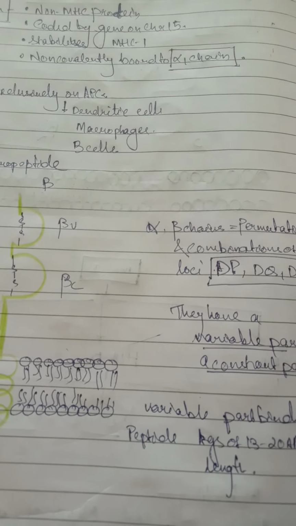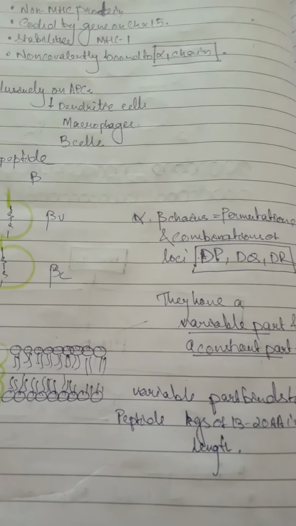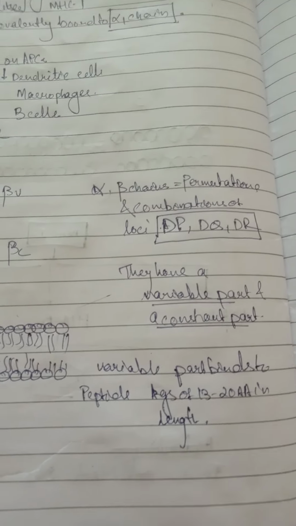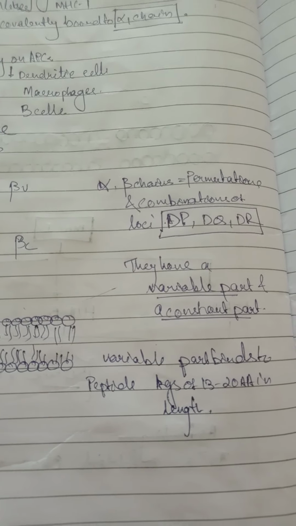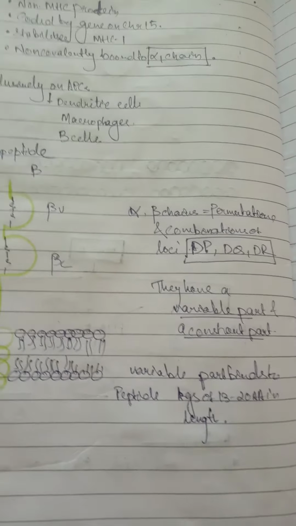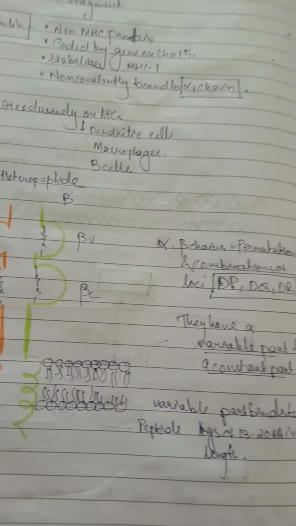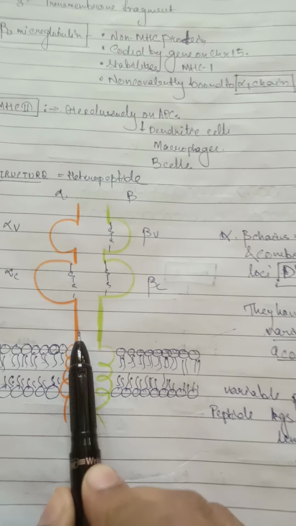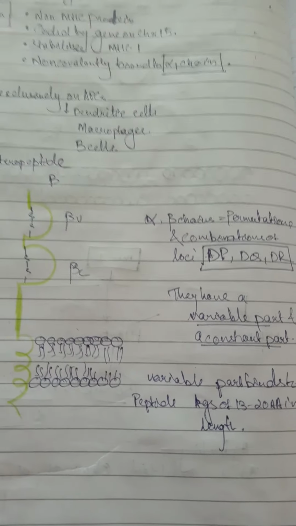The alpha and beta chains are different permutations and combinations of peptide sequences synthesized by the DP, DQ and DR genes respectively, and this provides different antigen specificity to the MHC2 molecule.